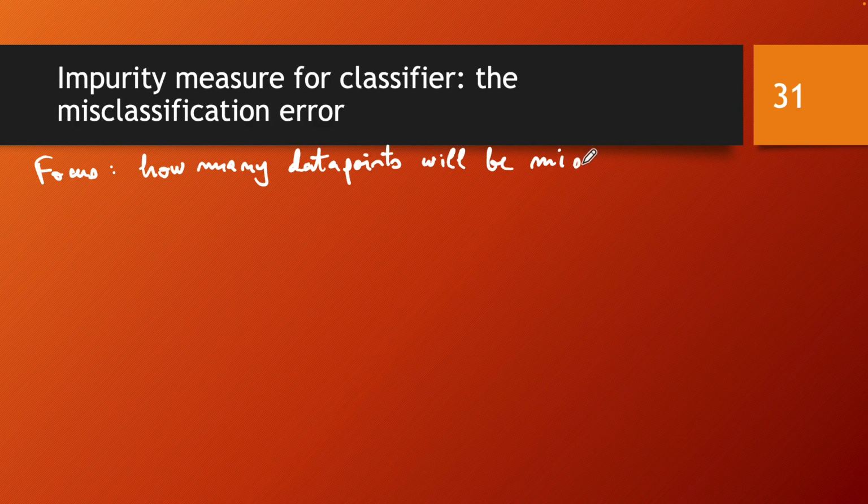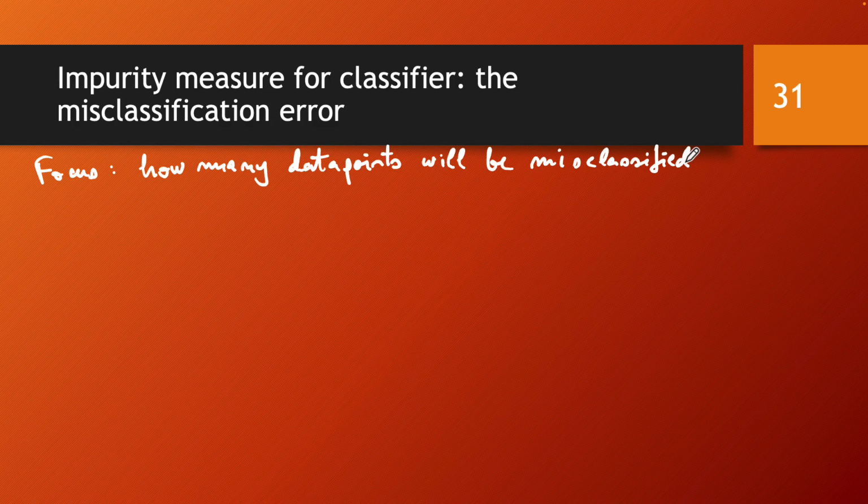When you say this, you have in mind a certain strategy for giving predictions in that node: we give as a prediction the label of the biggest class in that node. So this is a sort of winner takes all. You have several classes, you measure the probabilities of each class, and the class that dominates gives the prediction for all the data points that reach that node.